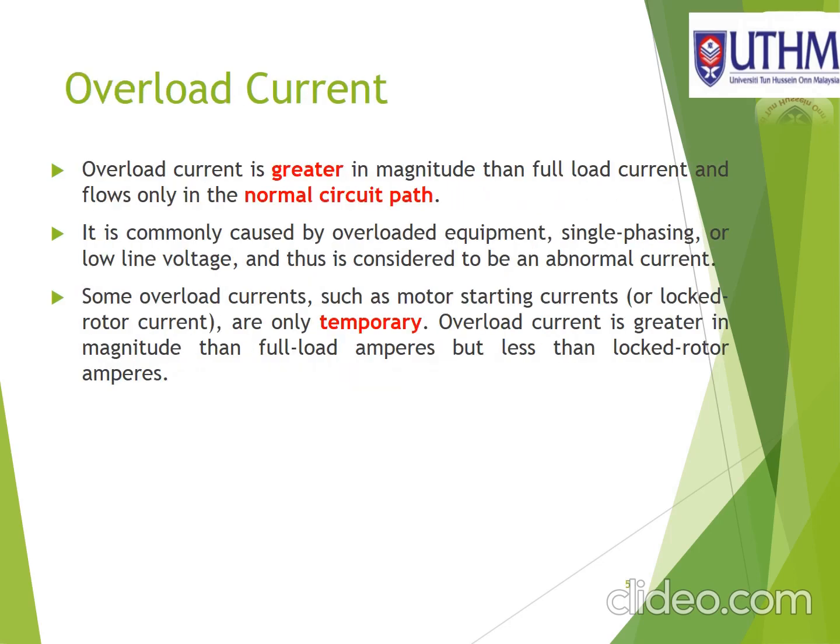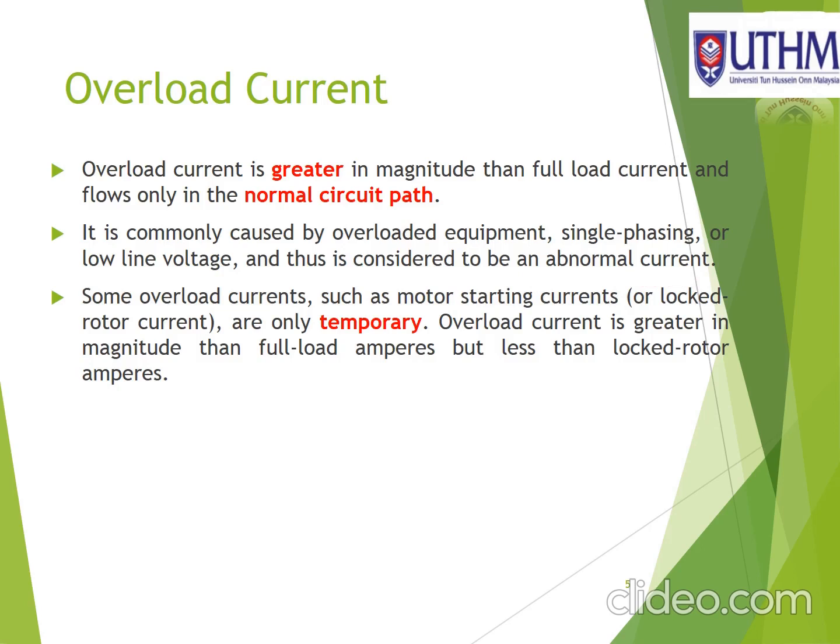Next we go to overload current. Overload current is greater in magnitude than full load current and flows only in the normal circuit path. It is commonly caused by overloaded equipment, single phasing or low line voltage, and thus is considered to be an abnormal current because the current is in overload condition.